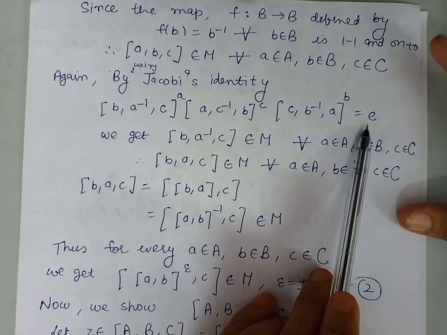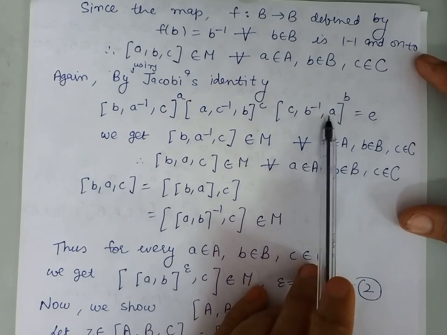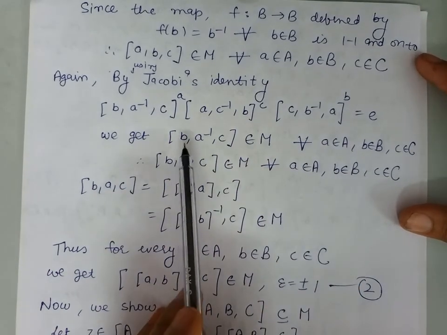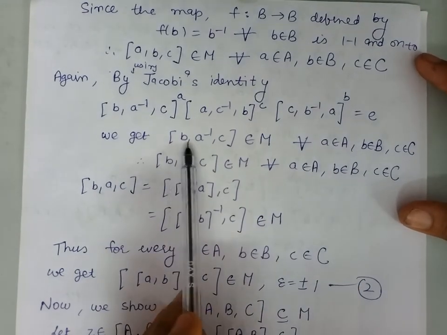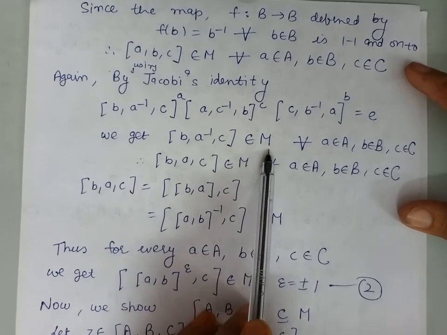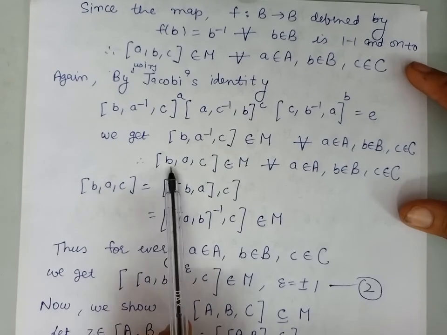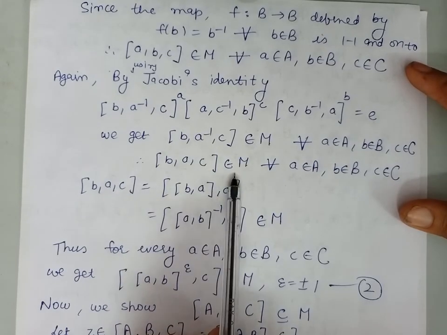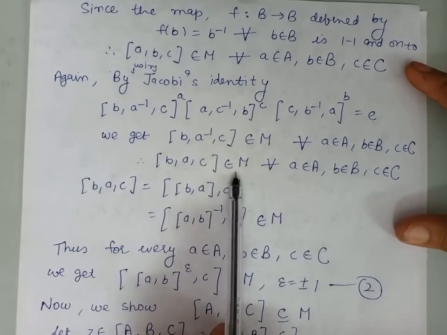Now, as in the first case, we can prove that the commutator of B, A inverse and C belongs to M. And therefore, the commutator formed by B, A and C will also belong to M.